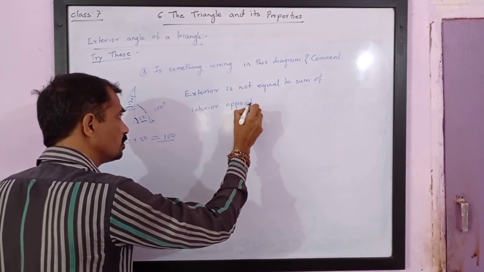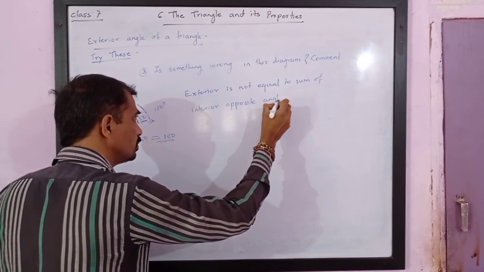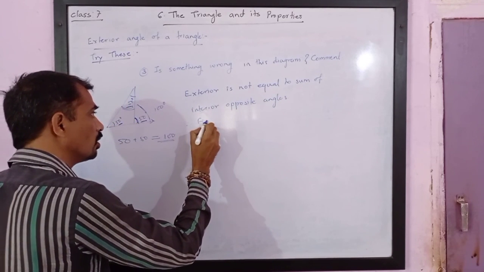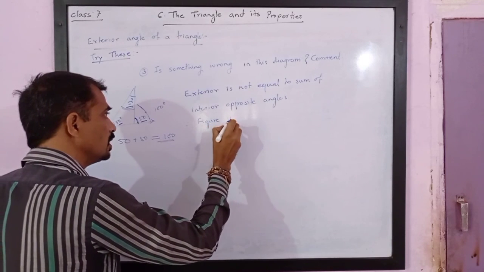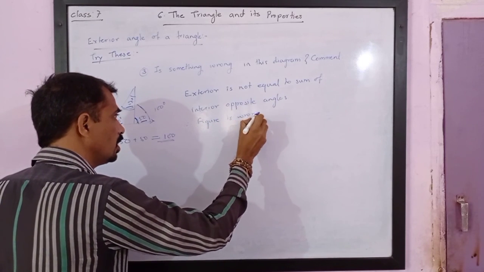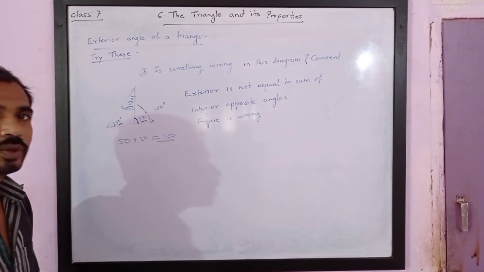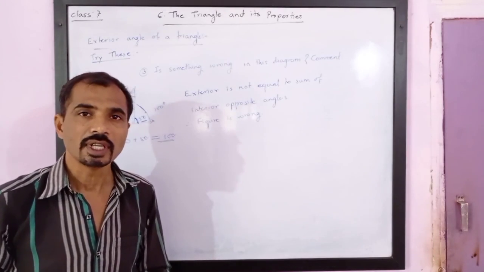Therefore, we can say that the figure is wrong. The exterior angle must always be equal to the sum of interior opposite angles.